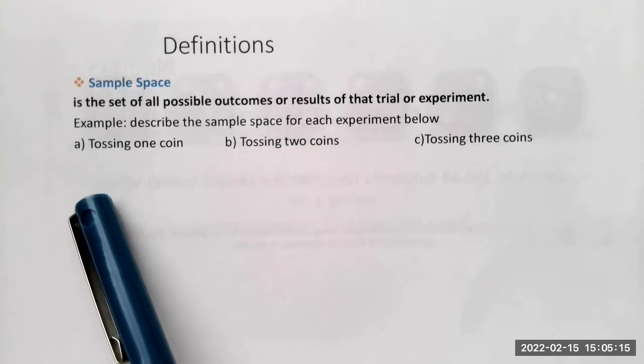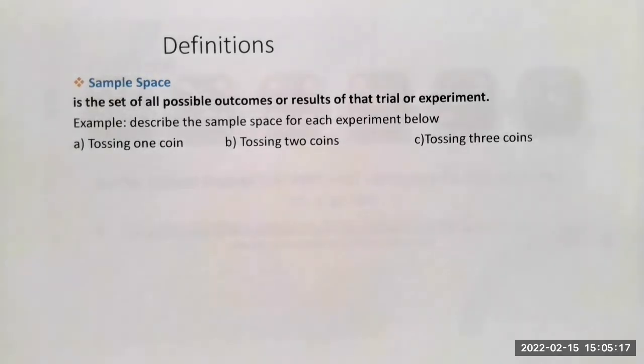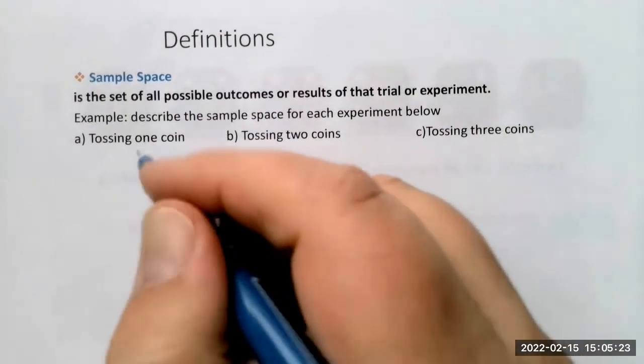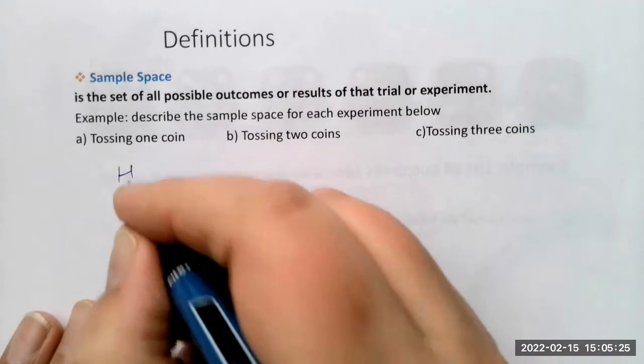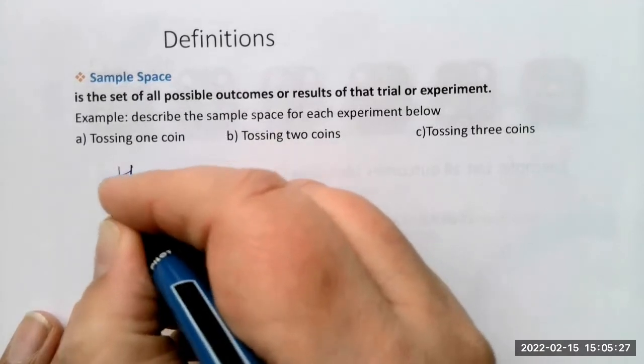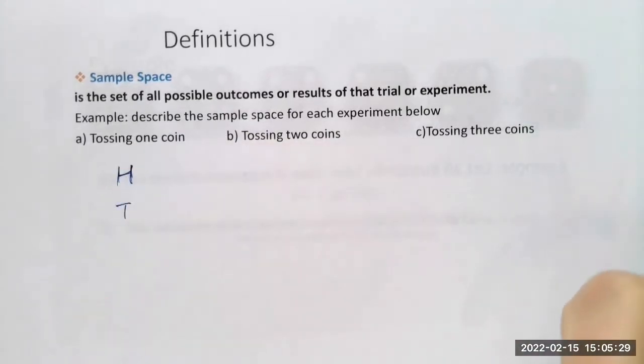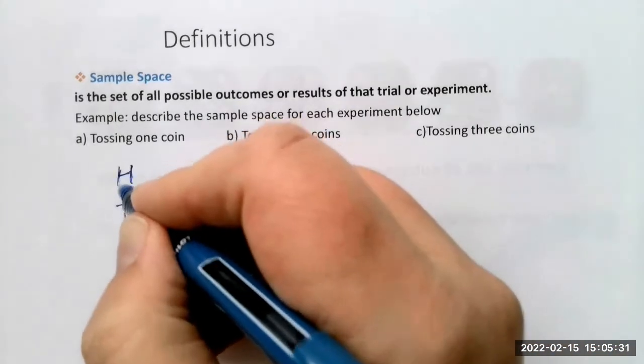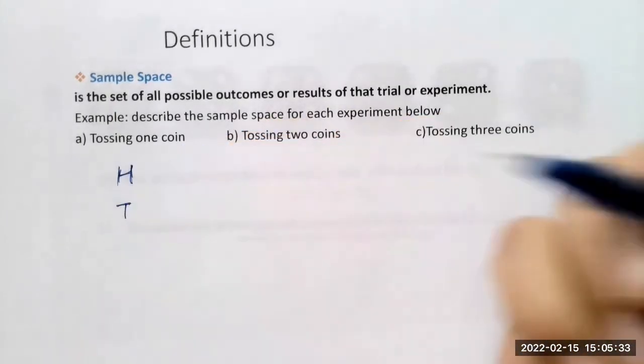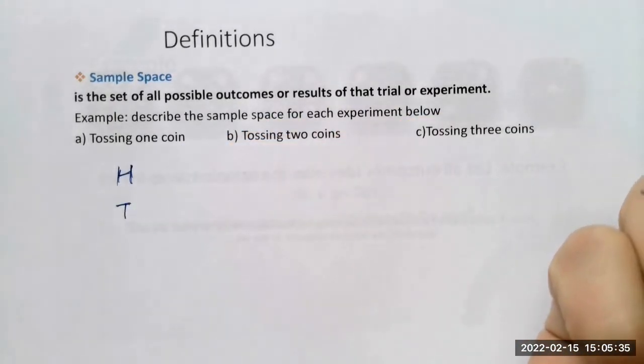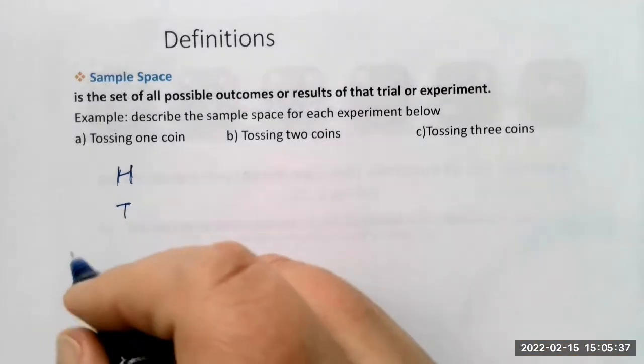So experiment number 1, tossing 1 coin. What are the possible outcomes? We already said that we can get either heads or tails. So those are our possible outcomes. Usually, when we describe a sample space, we use set notation.